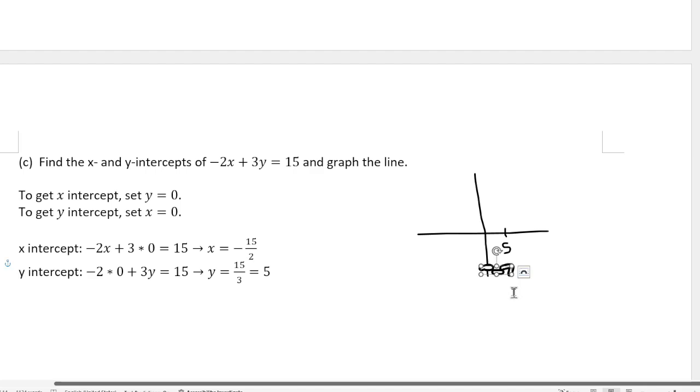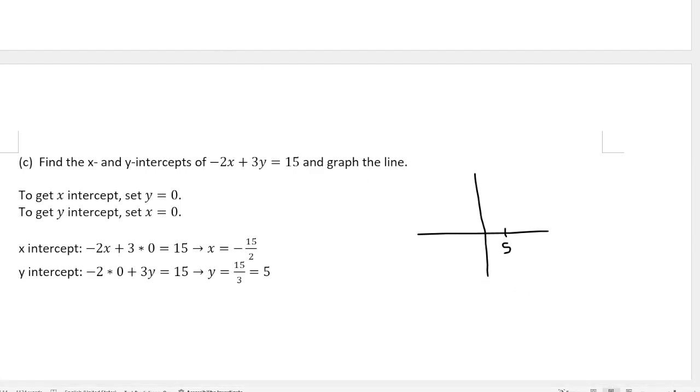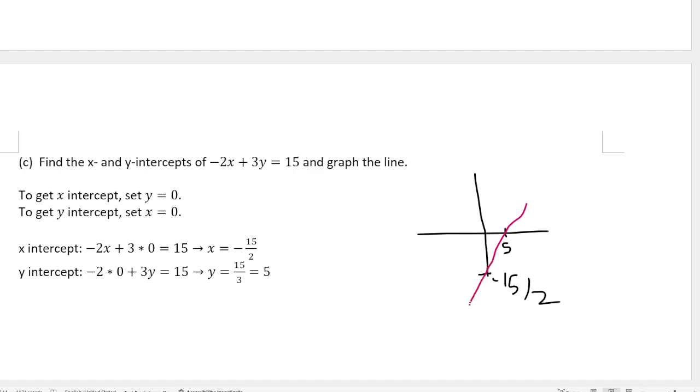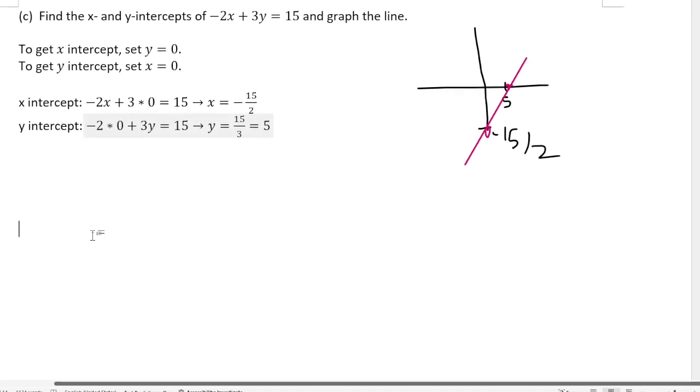I'll just put negative 15 over 2. And the line is just connecting these 2 points, because a line is determined by 2 points. If you know 2 points, then you get the line. So that's the graph.